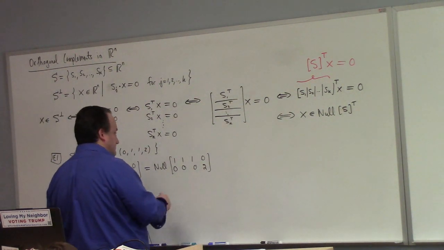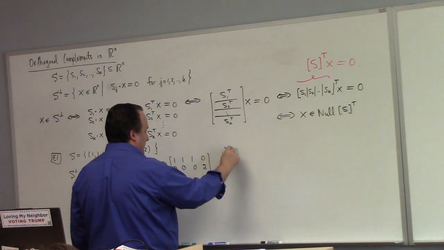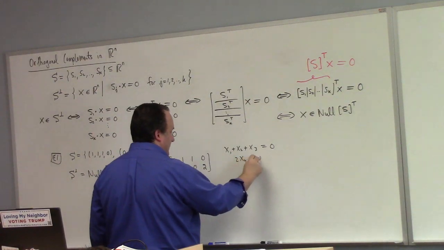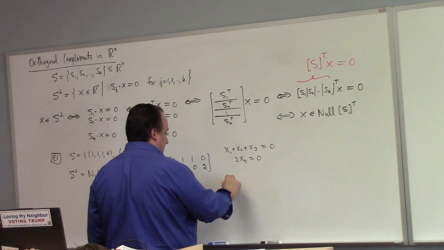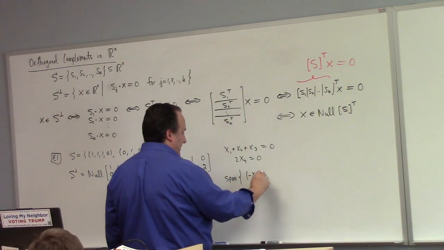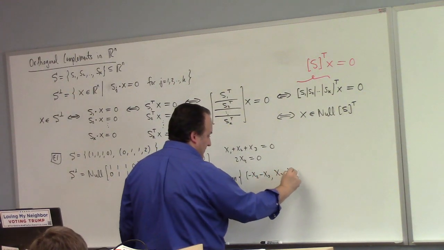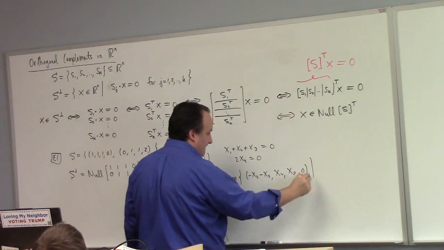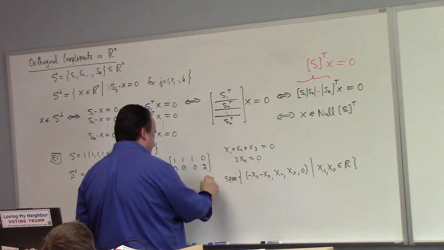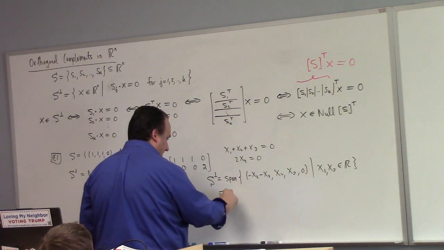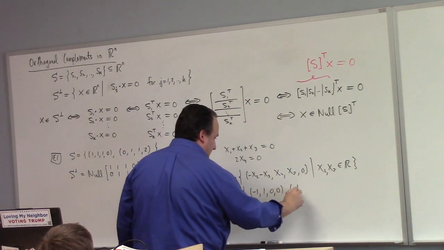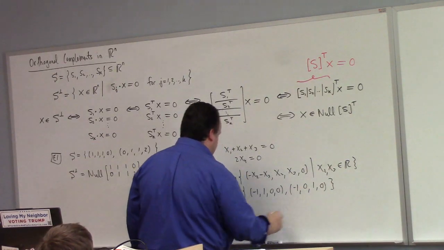Which means what? We've got x1 plus x2 plus x3 equals 0, and 2x4 equals 0. So we're looking at the span of minus x2 minus x3, x2, x3, 0. So minus 1, 1, 0, 0 and minus 1, 0, 1, 0, which you could have guessed.